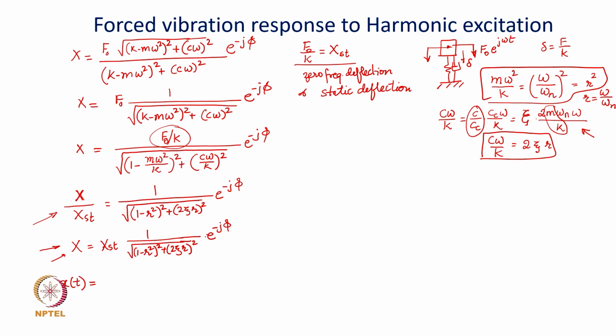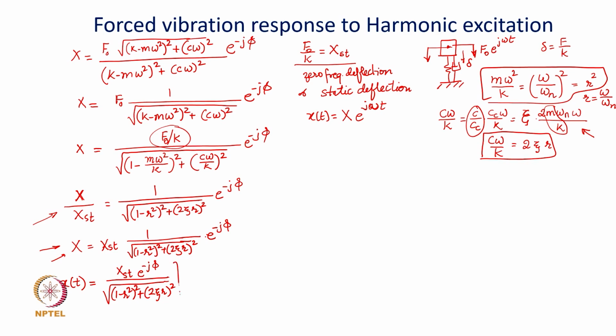What will be x of t? Because we have assumed the solution x of t to be what? Capital X e to the power j omega t. So, therefore, if I replace this capital X, I basically have this X_ST e to the power minus j phi over square root of (1 minus r square) whole square plus (2 zeta r) whole square.